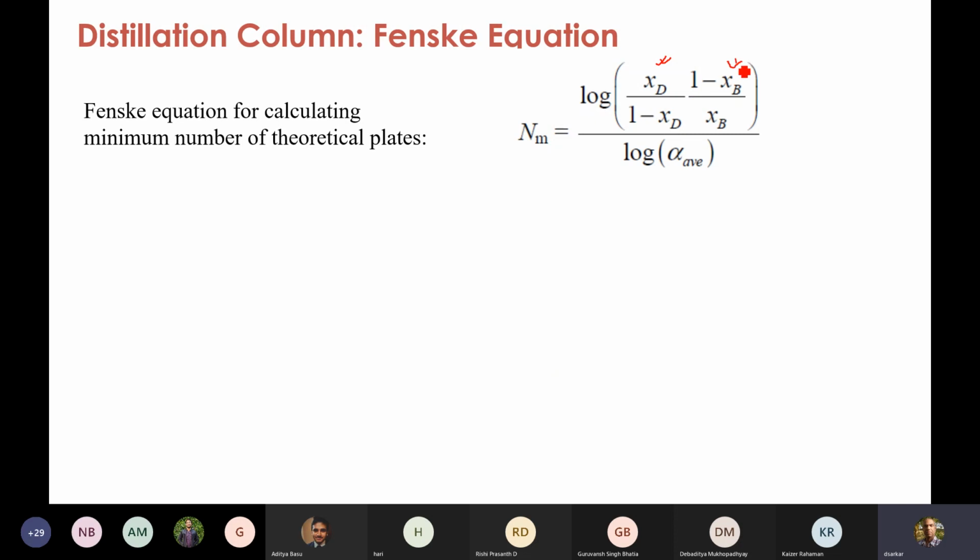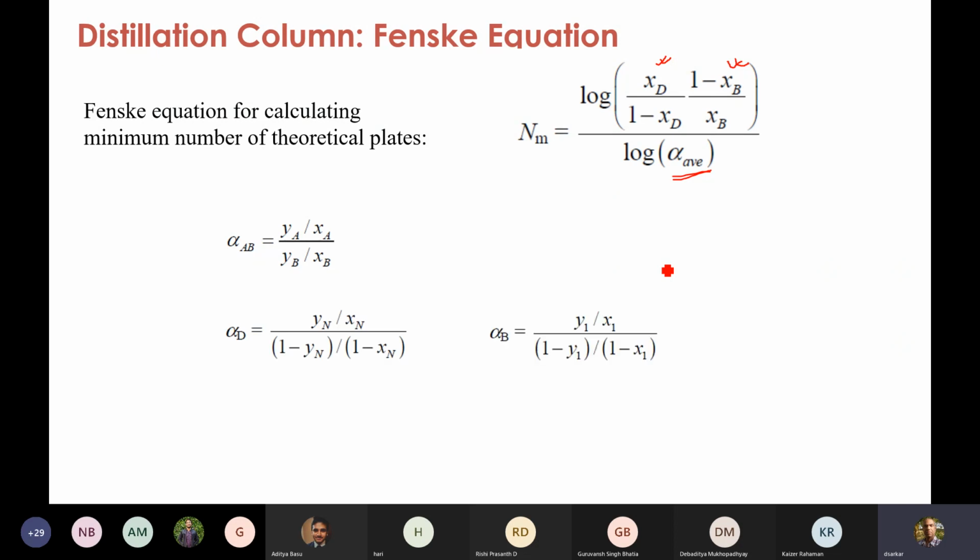This is the composition of the bottom, right? So X, that means these are all liquid phase compositions. And this is the average relative volatility. Average in the sense that you can compute the relative volatility, which is defined like this, at the top and at the bottom. So this is at the top, this is at the bottom, and take the geometric mean of these two.